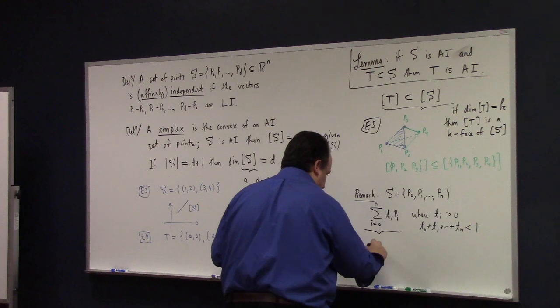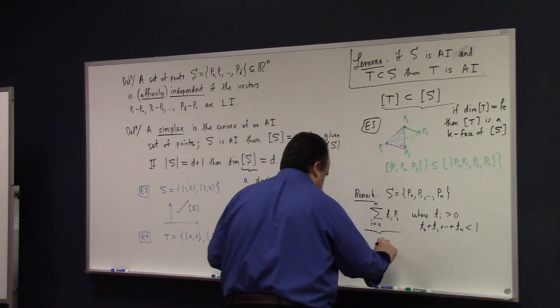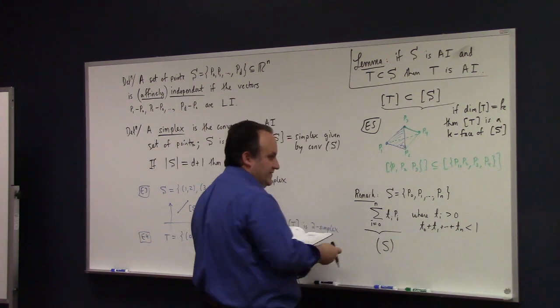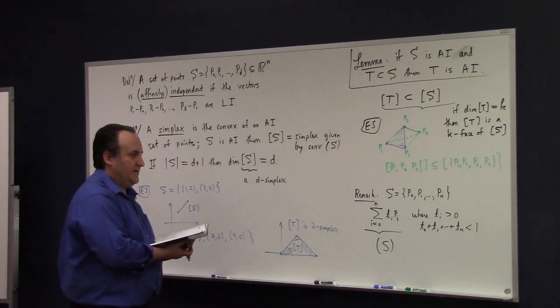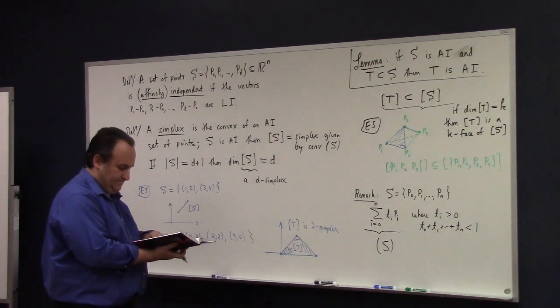So all such points are what's meant by this parentheses notation, the open simplex determined by the affinely independent points S.